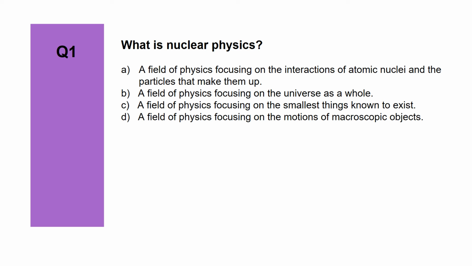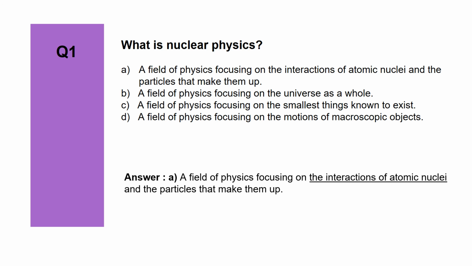C. A field of physics focusing on the smallest thing known to exist. And D. A field of physics focusing on the motion of macroscopic objects. The answer is A. A field of physics focusing on the interaction of atomic nuclei and the particles that make them up.